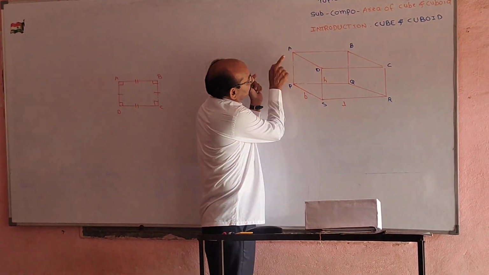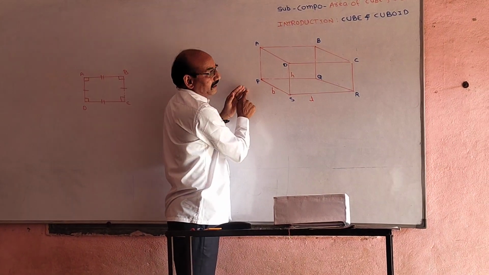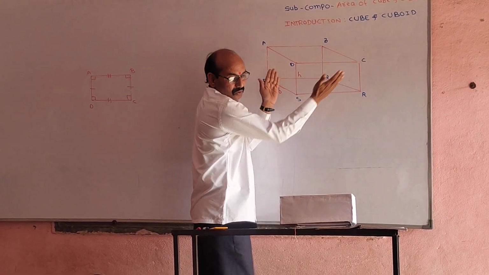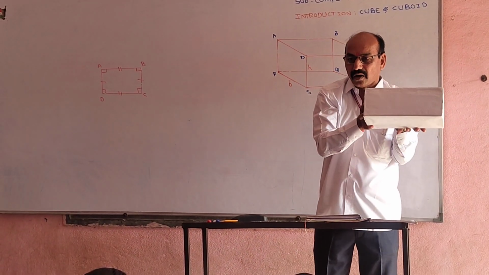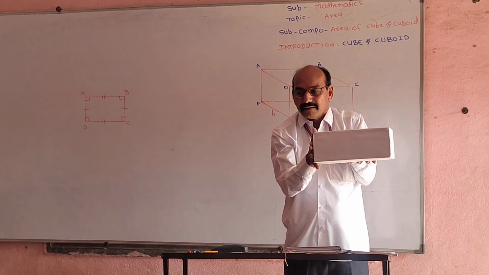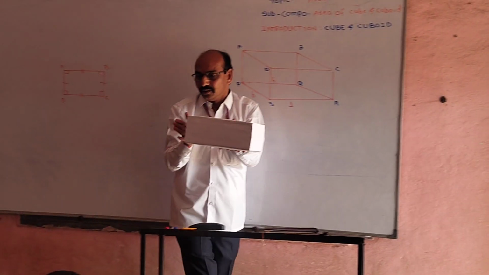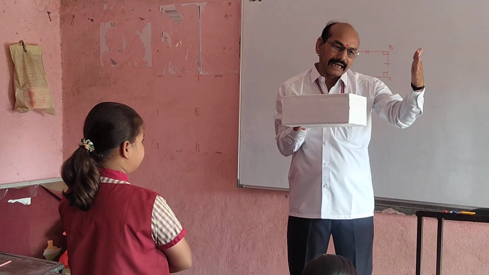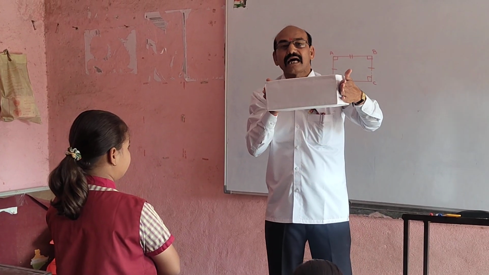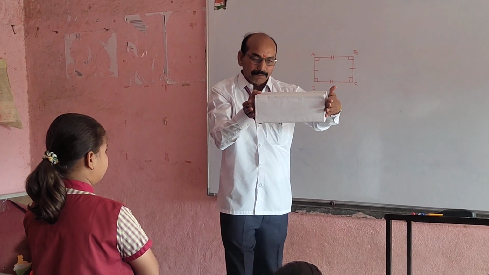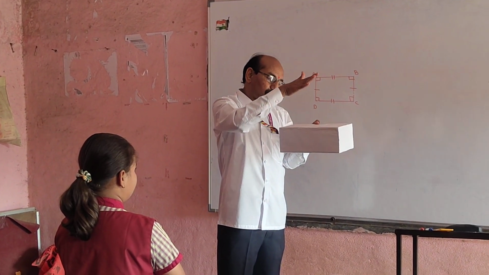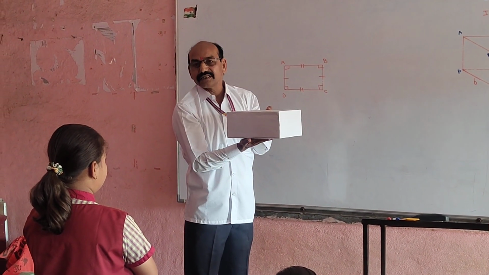The opposite face of A, D, S, P is B, C, R, Q. These two faces are congruent. So the left hand side face and right hand side face are congruent. The front face and back face are also congruent. The top face and bottom face are also congruent.